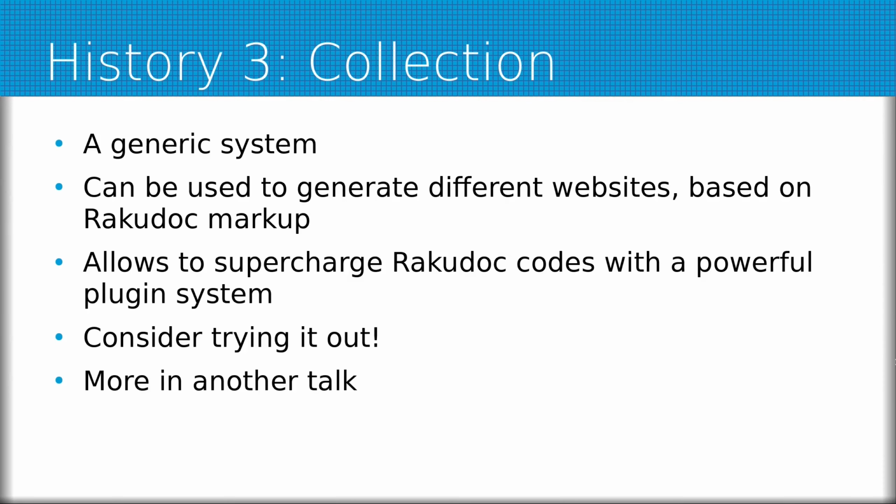From the historical perspective, from an attempt to address some of the dubious aspects of the whole system, a distribution called Collection has emerged, done mostly by Richard, also known as the already mentioned Fine Analyst. Collection is a generic system allowing to generate websites from a collection of Raku doc files.